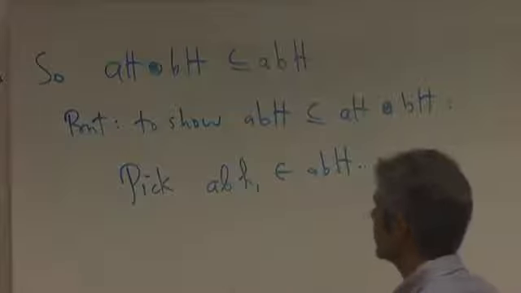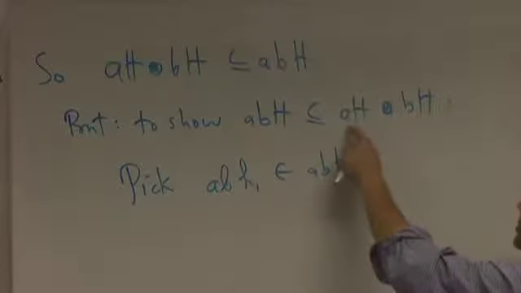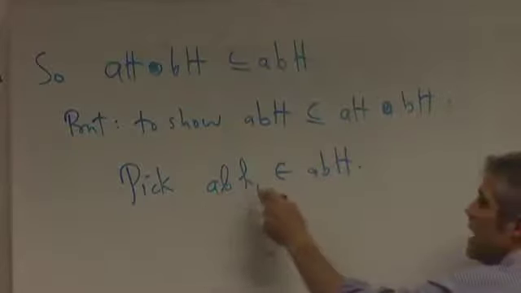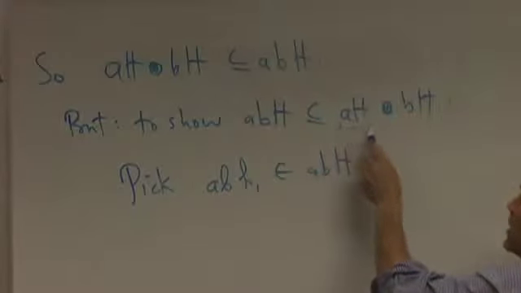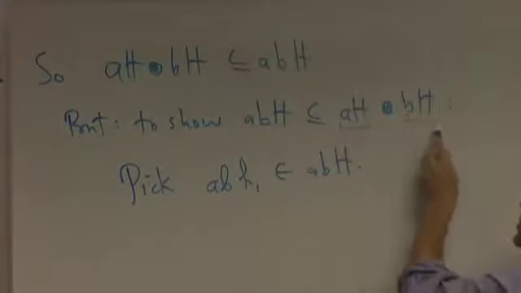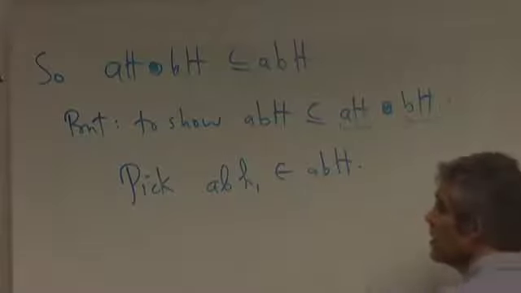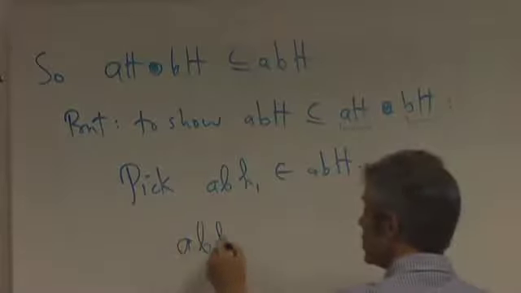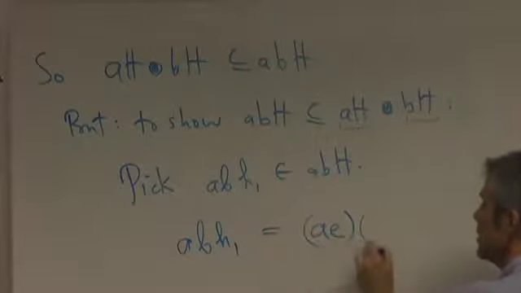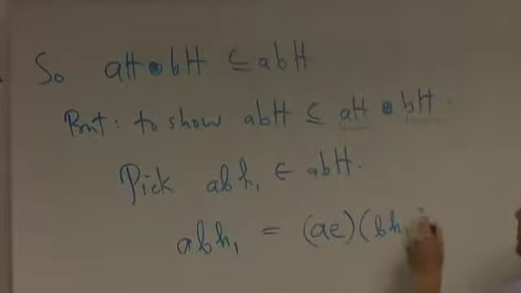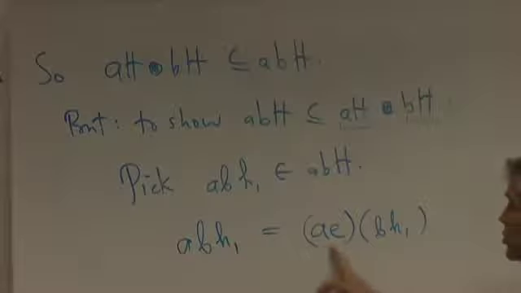I have to somehow convince you that I can write ABH1 as something in this left coset combined with something in that left coset. But ABH1 can be written as AeBH1. No problem there, that's just A. So I've just used associativity and the identity element of G, because that's just A, so that's ABH1.